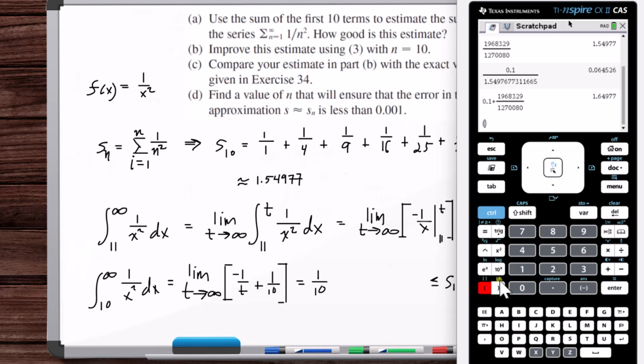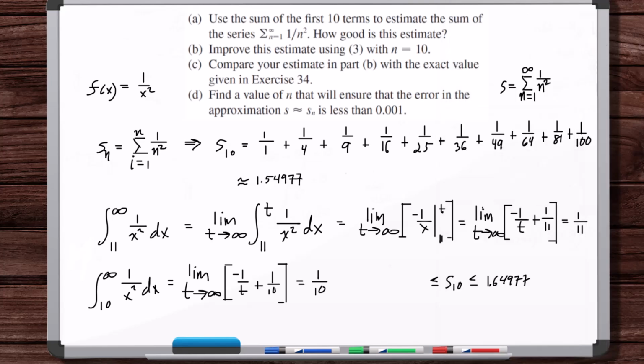And then we do 1/11 plus that, and we get 1.64068. Right? You see what we just did?